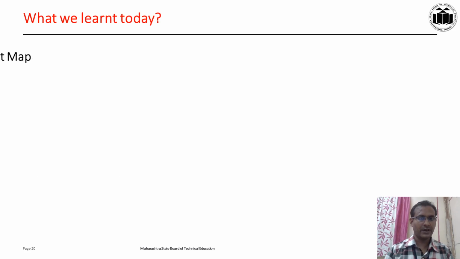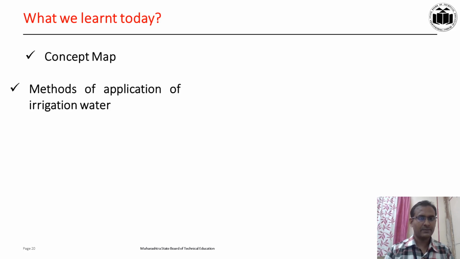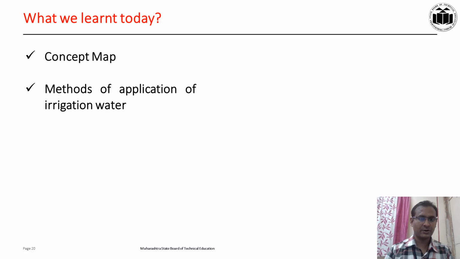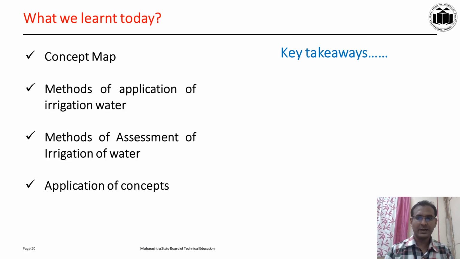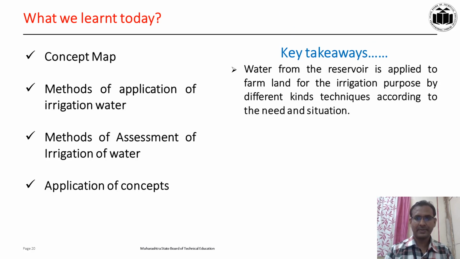So, what did we learn today? Concept map, the methods of application of irrigation water, that is surface, subsurface and sprinkler method. Then methods of assessment of irrigation water. Then we saw the application of the concept. So what are the key takeaways of today's session?